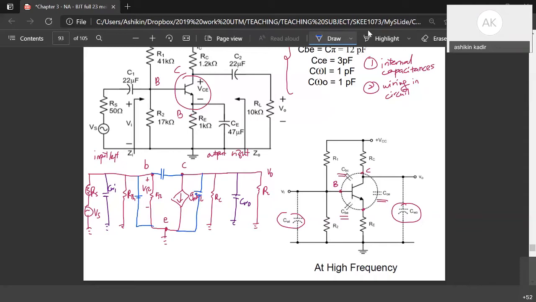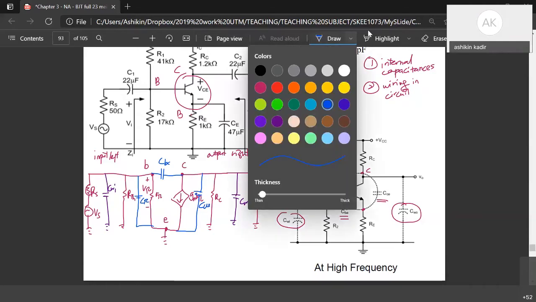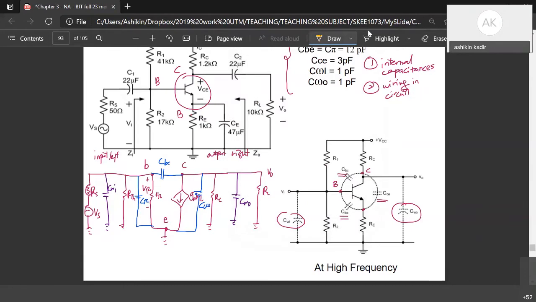So here when you see this CBC, this is C pi, and this is C mu. For CBC here, we use Miller theorem to represent our CBC. So what happened to CBC? Similar input and similar output.